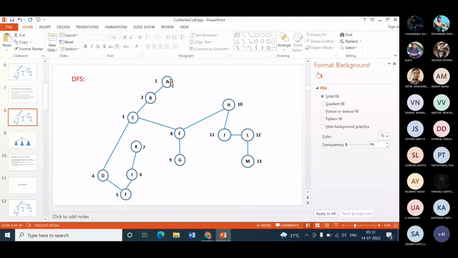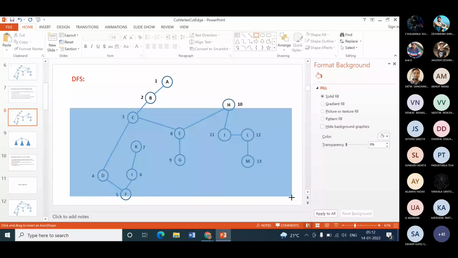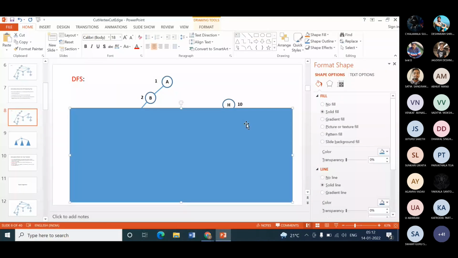So ये B का पूरा ट्री है. तो B के नीचे जो सब ट्री है, ये पूरा चीज है, ये पूरा चीज. Even including H also.